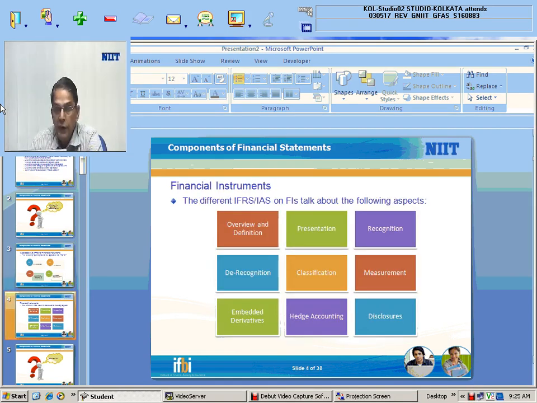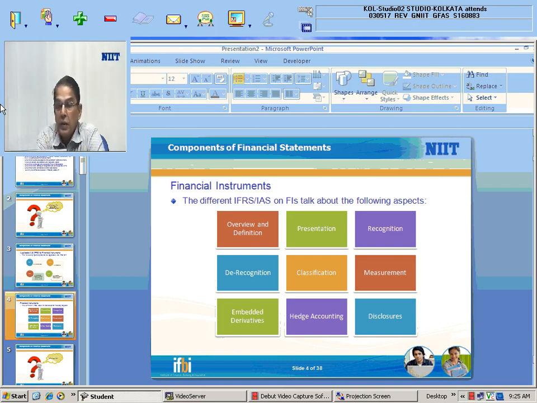So the different IFRS and IAS on financial instruments talk about the following aspects. One is overview and definition, second is presentation, third is recognition, measurement, classification, derecognition, embedded derivatives, hedge accounting and disclosures.